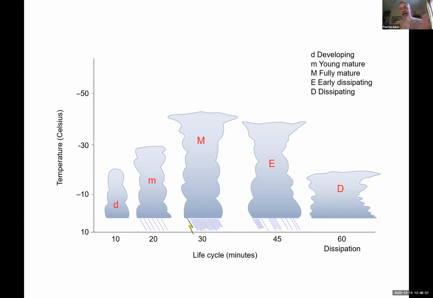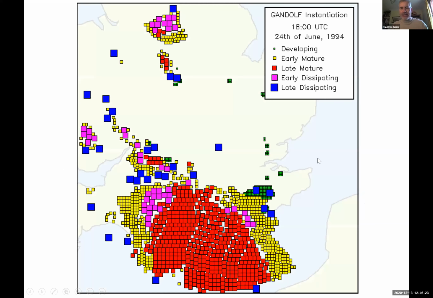So if we know the life cycle structure, and we have satellite and radar pictures, like the one I've just shown, which was a surface radar picture telling you what the different rainfall intensities are at any one time, you can put the actual data together with the conceptual model that we've got and the physics, and you can create a forecast system.